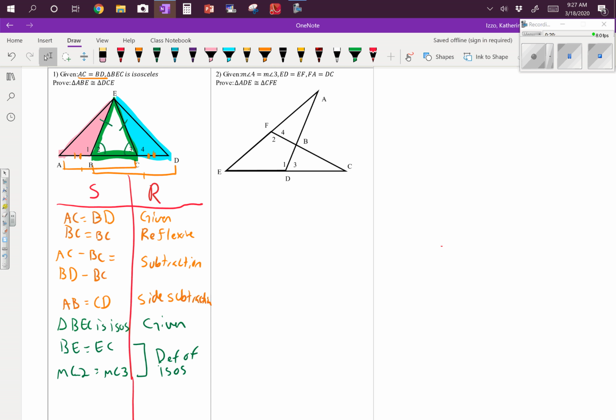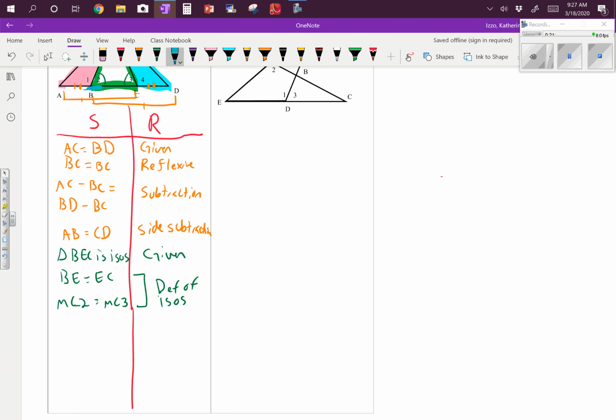Okay, so we got measure angle 2 and measure angle 3. So 2 goes with measure angle 1. So measure angle 2 plus measure angle 1 equals 180. And measure angle 3 plus measure angle 4 equals 180.